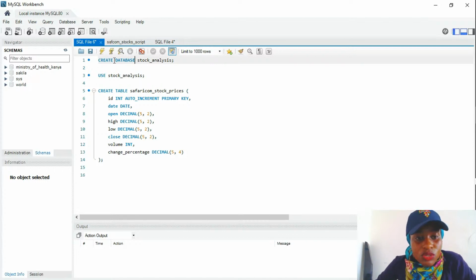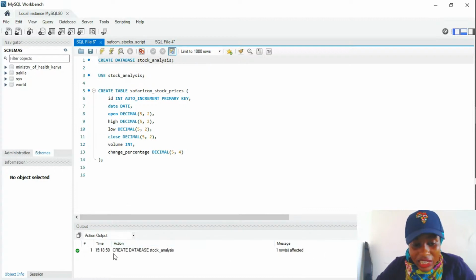The first thing we want to do is create our database for stock analysis, because I'm assuming this stock data was sent to us from a file, and that is what we're doing here. So we run this first statement.